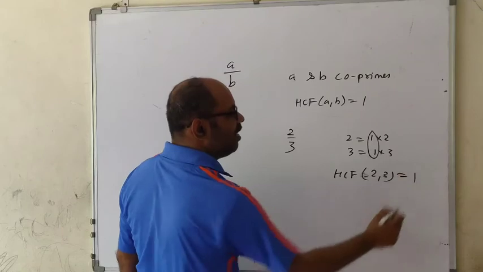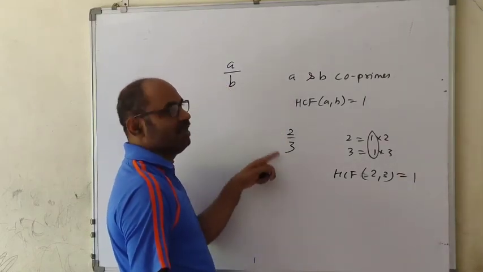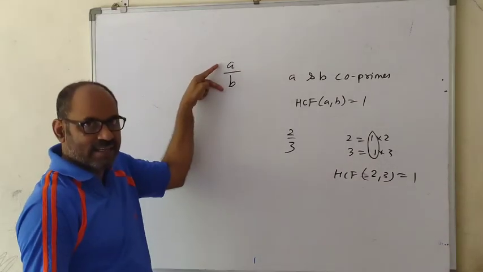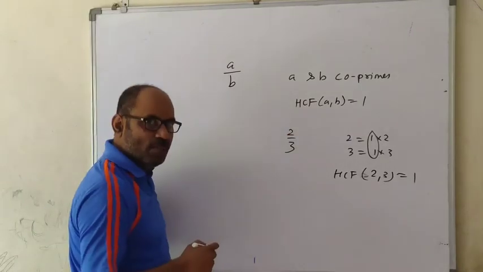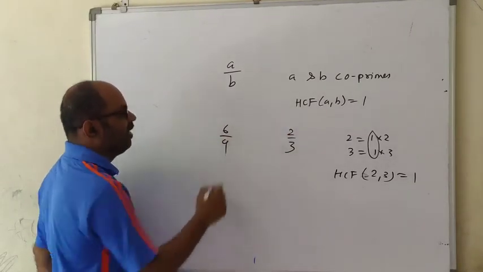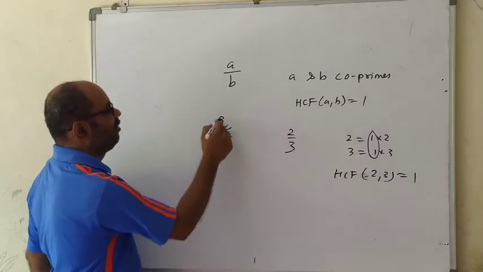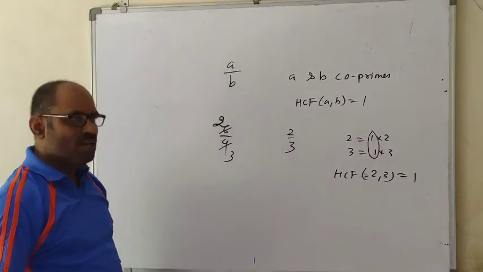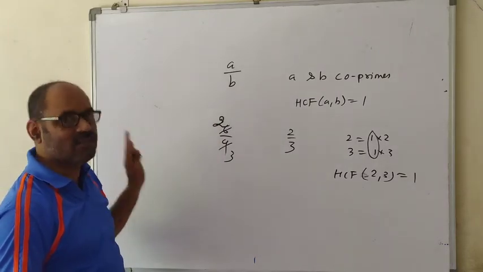HCF of 2 and 3 is 1. When the HCF of numerator and denominator is 1, we can say 2 and 3 are co-primes. So any rational number, when it is represented, has two conditions. Instead of writing 2 upon 3, I could have written 6 upon 9. But then if you reduce it, 3 twos are 6 and 3 threes are 9, so ultimately you get the same. So any rational number is always represented in its reduced form.